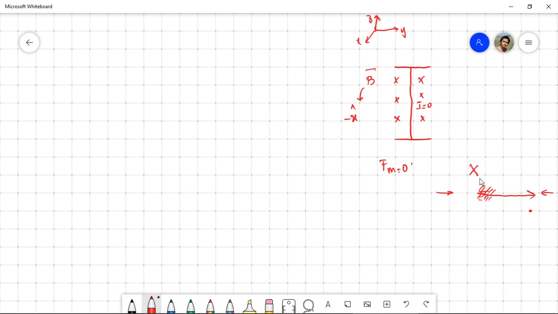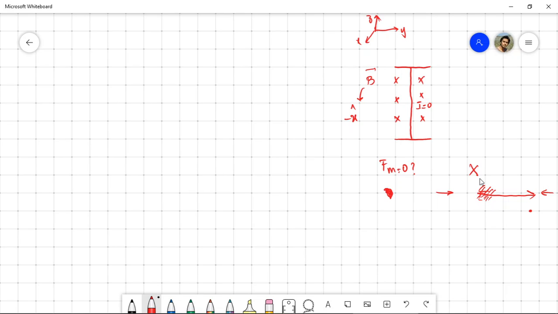Why? Because there is no movement. There is charge, because this is a conductor and there will be free electrons, but there is no movement of those electrons. The total sum of these velocities will be zero, as we talked about earlier in the conductor portion of our last chapter. So the Fm will be zero at this point.